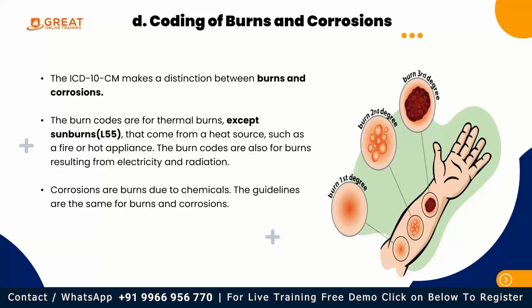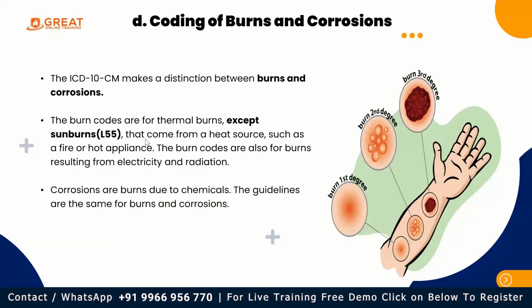They will give you options like the normal burn codes and also L55 category codes, so you will get confused between them. But sunburn we have to code with category L55. Please make a note of it, that's why I have highlighted it.